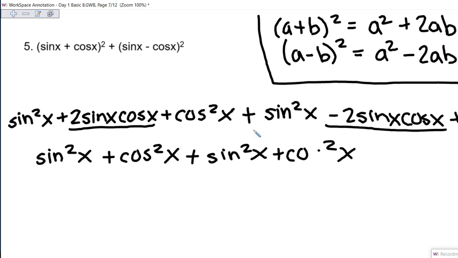Now somebody was already saying, okay, sine squared plus sine squared would be 2 sine squared. But I said, hey, let's go ahead and do these long ones first. Why do you think I wanted to hold off on that? Do you see anything? I hope you do. What do you see?